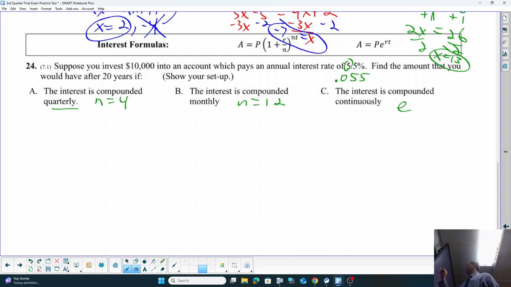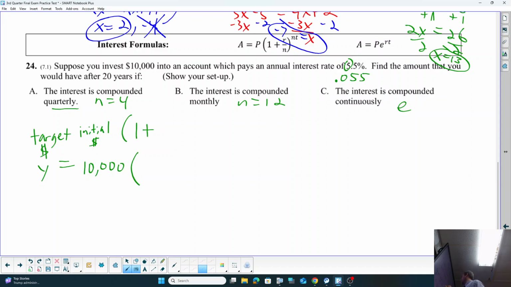So our target amount is what we're solving for. Our target money. Then our initial money comes next. That's going to be $10,000. Our rate comes next. That's 1 plus the rate divided by the number of compounds with n times t.